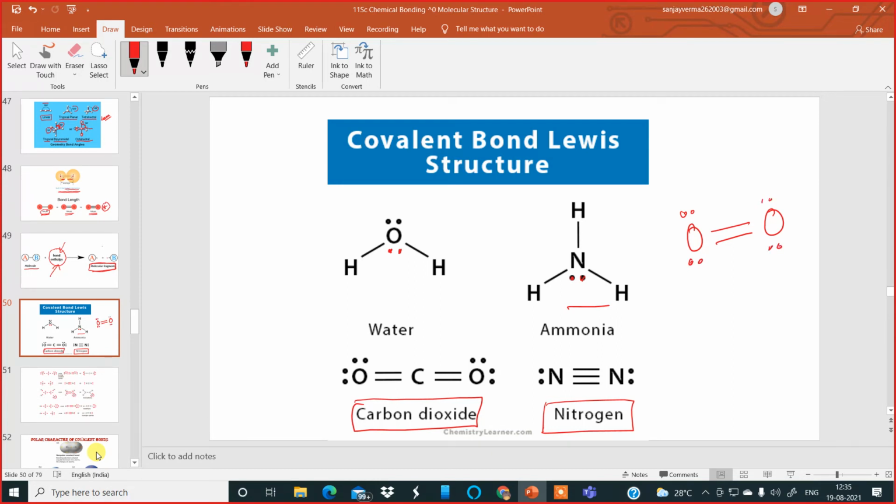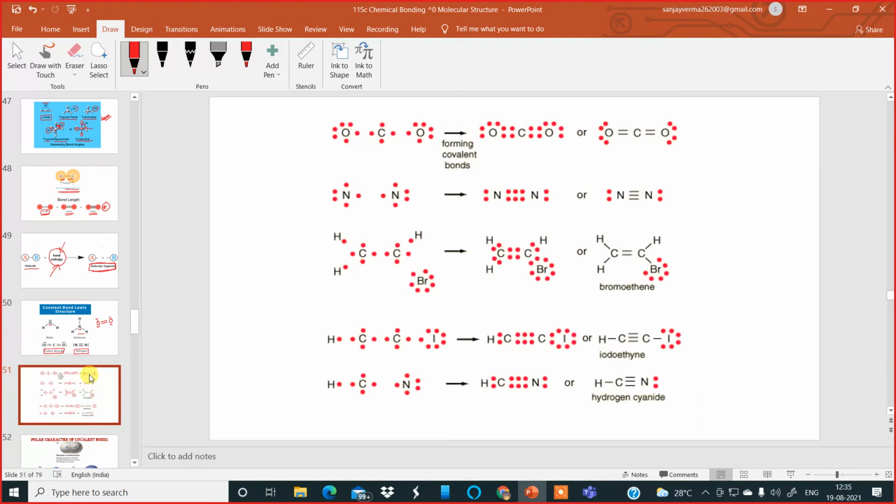Now after this, have a look at plenty of other examples of Lewis structures. Carbon dioxide, forming covalent bonds. This is the final structure. Then formation of nitrogen. This is the Lewis structure. Formation of bromoethene, a double bond is there. Then formation of iodoethyne.